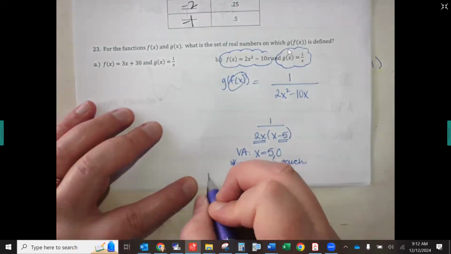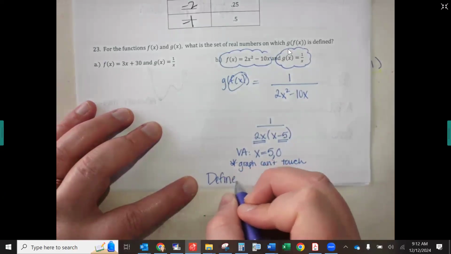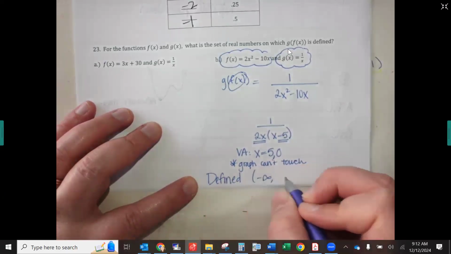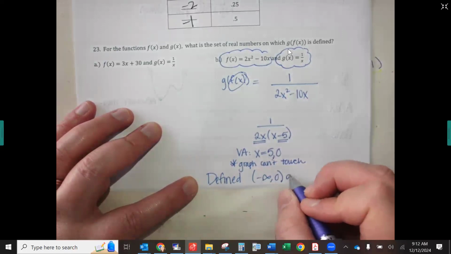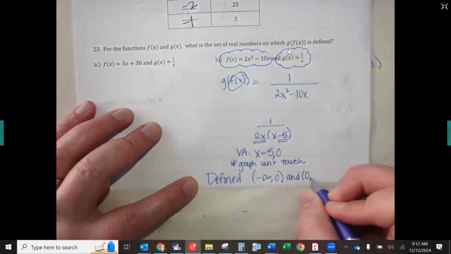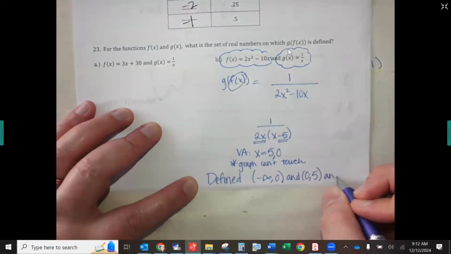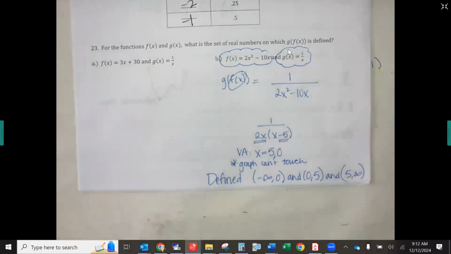So we would put it is defined from negative infinity to 0, and then again from 0 to 5, and then again from 5 to infinity. So basically you're saying everywhere except don't touch 0, don't touch 5, everything else on the number line. Because vertical asymptotes are the X's that your graph is not defined at, you would list everywhere else. Okay? All right, go ahead and turn the page, please.